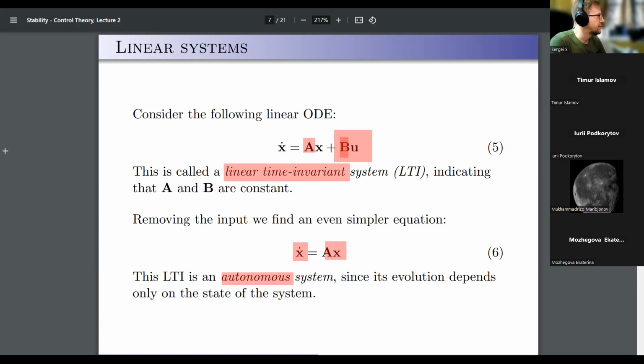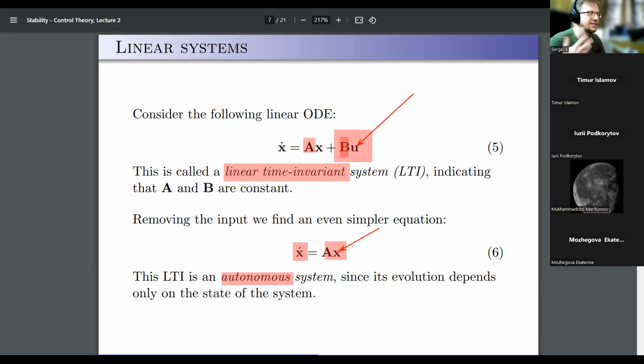Previously, there is Bu, and u maybe depends on time. So you couldn't claim what it depends on. You cannot say the system depends entirely on its state. We don't know what u is, so we cannot make claims. But here we can make claims. This equation does not depend on time. There is no explicit time anywhere.